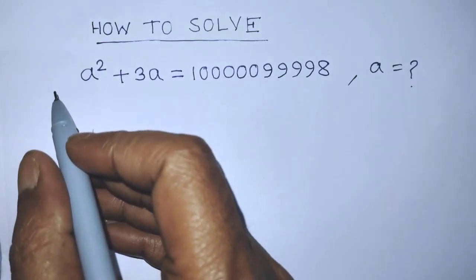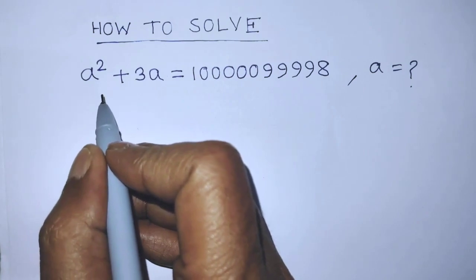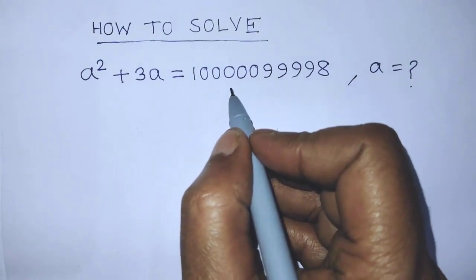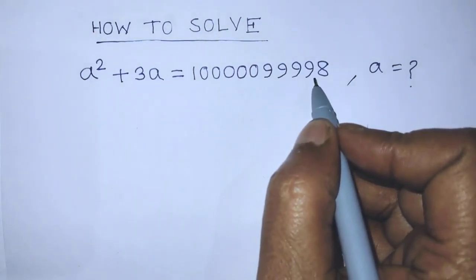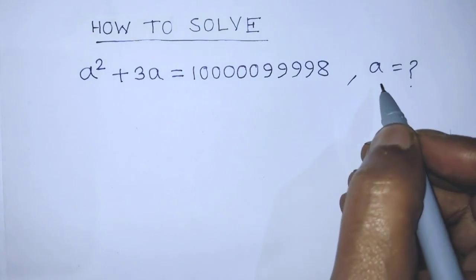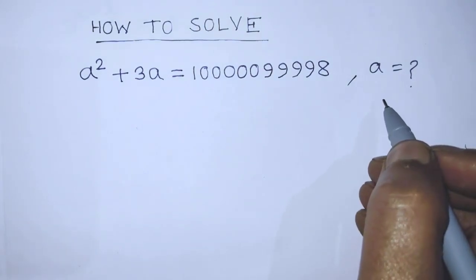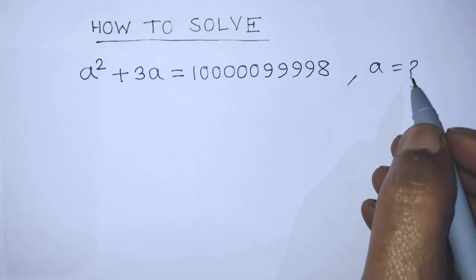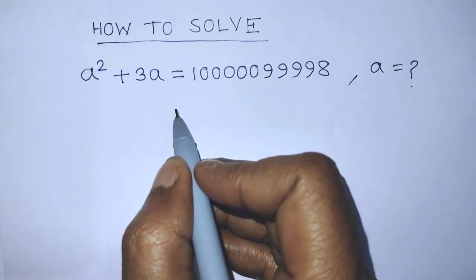Hello guys, you are welcome to solve this math problem: if a square plus 3a is equal to 1000 crore 99,998, then find the value of a. Students, today in this video I am telling you how to find the value of a from this quadratic equation.